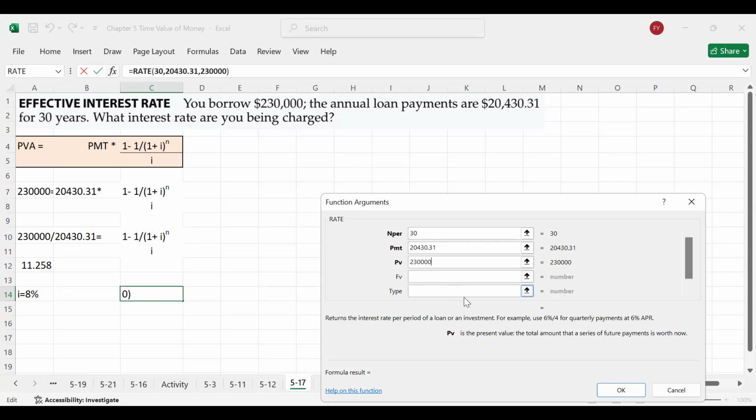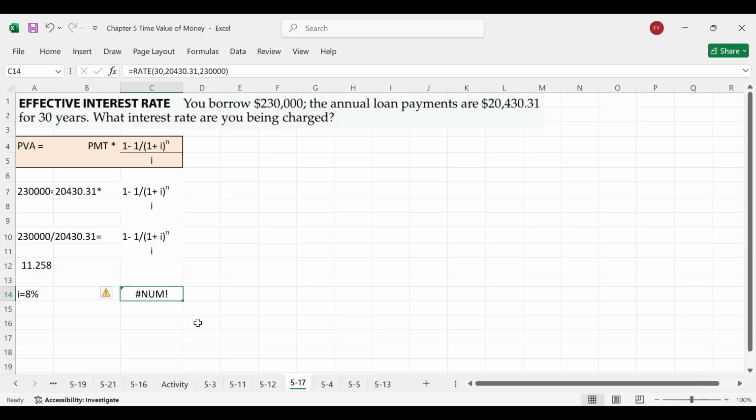We do not have any future value. Okay, so here is what mistake we have done: we should use a minus sign. So 8%. You can see the answers are the same whether we use Excel sheet built-in formulas or calculate it with calculators. So that's it from this lecture. Take care, class.